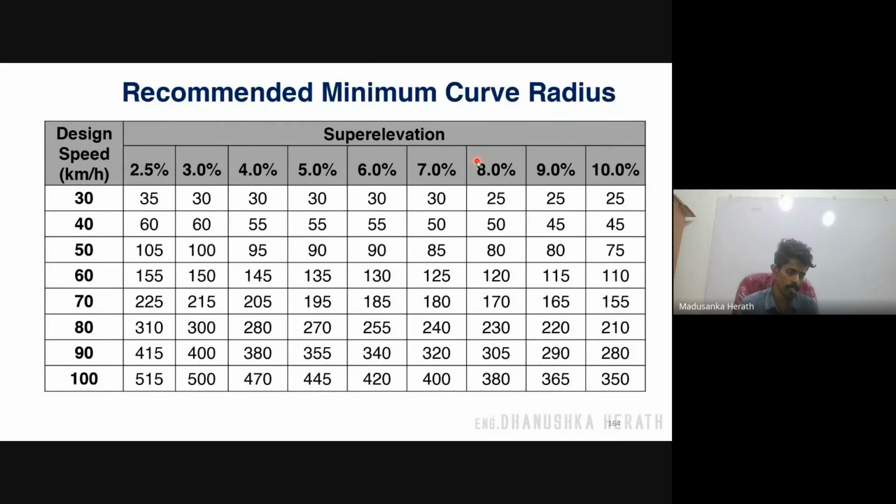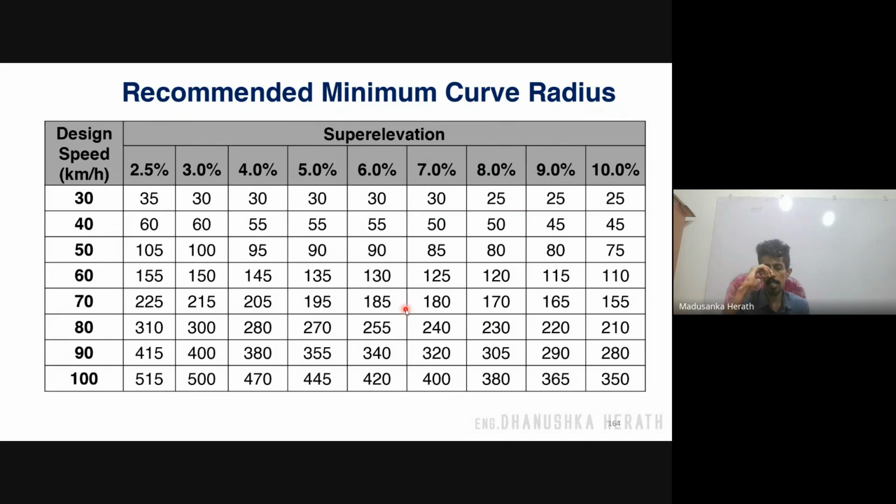And these are some super elevation values given in the design guide. The minimum curve radius according to the super elevation and the speed. Here we have the speed, here we have the super elevation and the minimum radius.